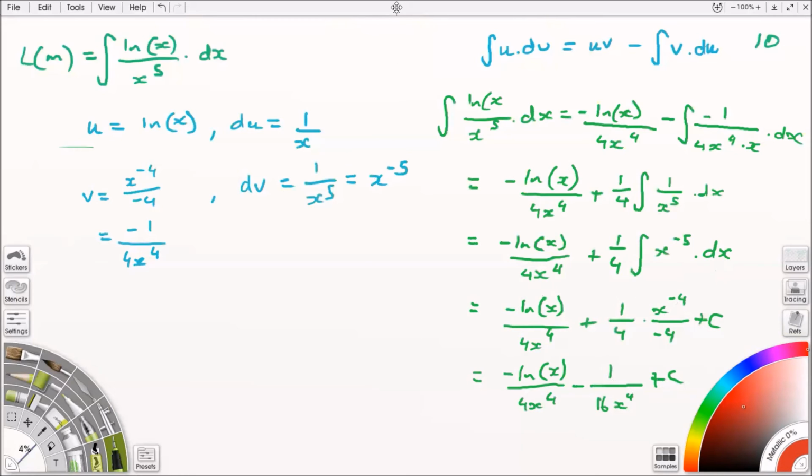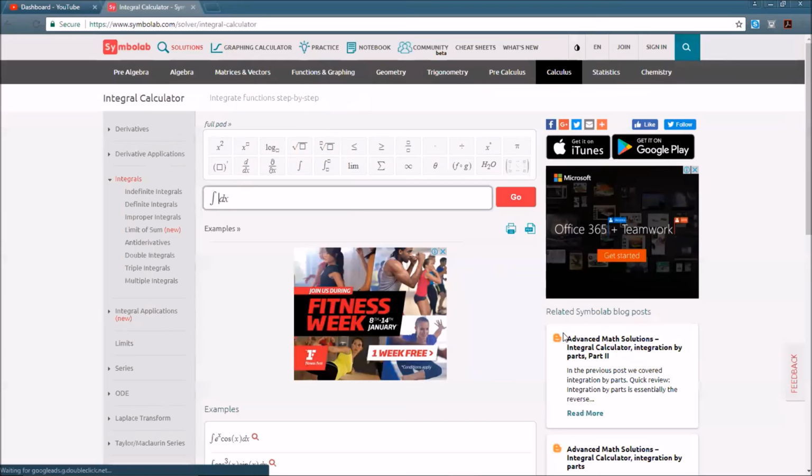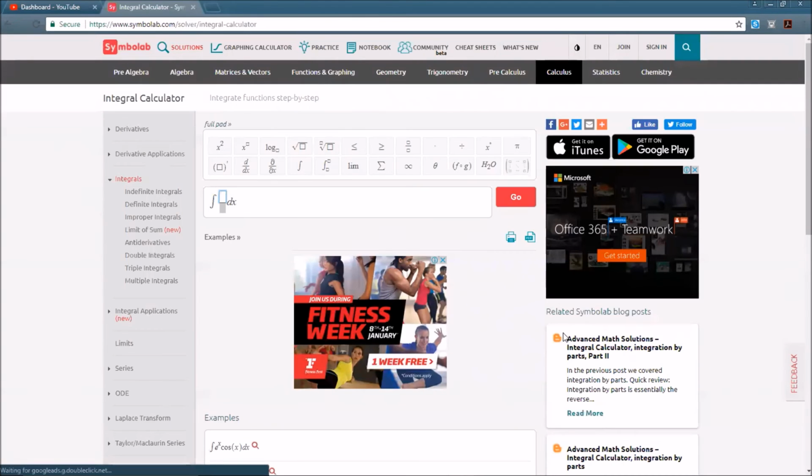Let's check it on Symbolab quickly. Here we are, and we are going to type in the log of x over x to the power of 5.